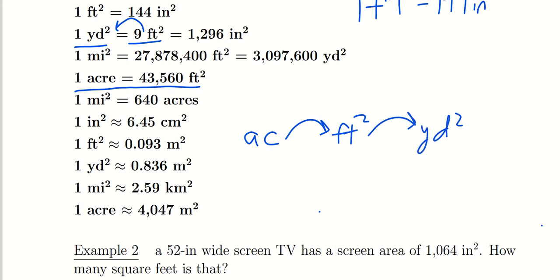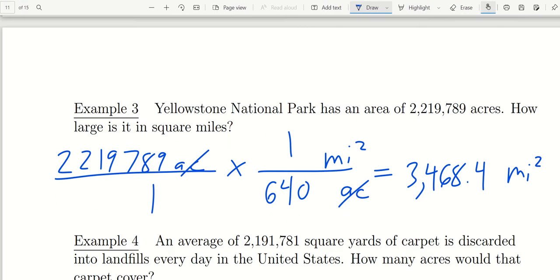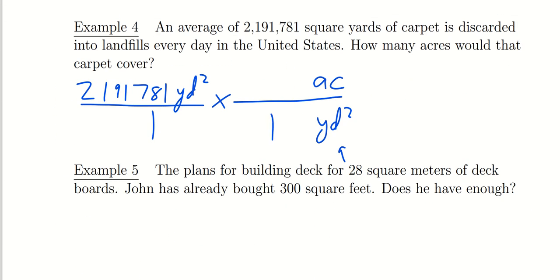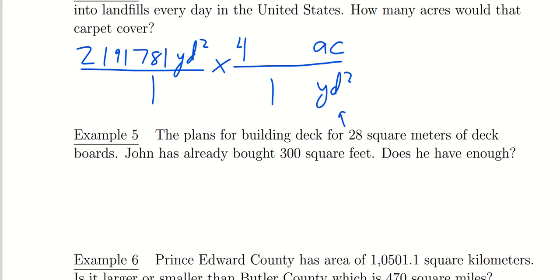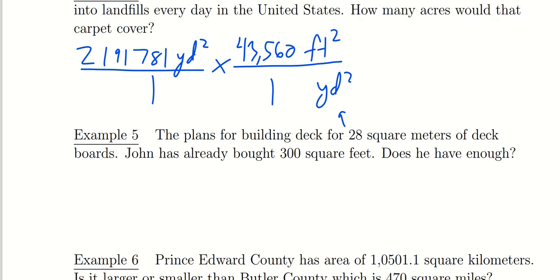Let's first convert from acres to feet squared. 1 acre is 43,560 square feet. The units would cancel. So I now have feet squared.